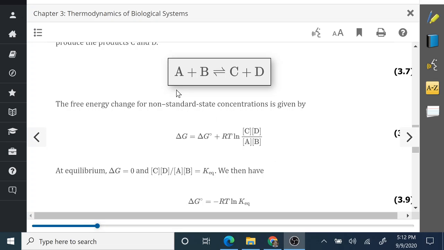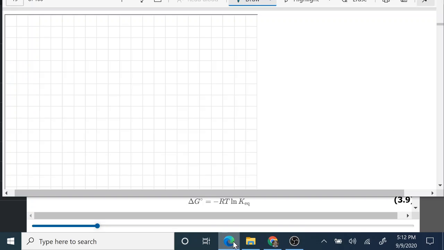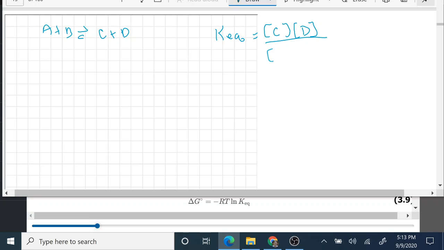Okay, so let's first consider a reaction that is reversible, where we have A plus B going to C plus D. So remember this from general chemistry. For a reaction A plus B going to C plus D, we can write an equilibrium constant, KEQ, given by the concentrations of C and D, or products, over A and B, which are the reactants, at equilibrium.